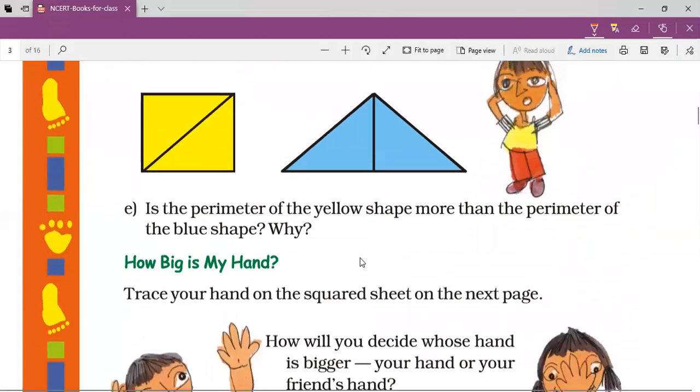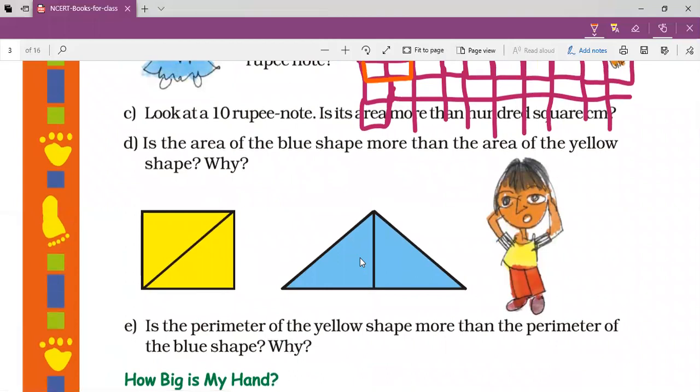Next: is the area of the blue shape more than the area of the yellow shape, and why? You can see a yellow shape and a blue shape. Both the shapes have triangles. So they are asking if the blue shape area is more than the yellow shape area. By watching it, I feel yes.